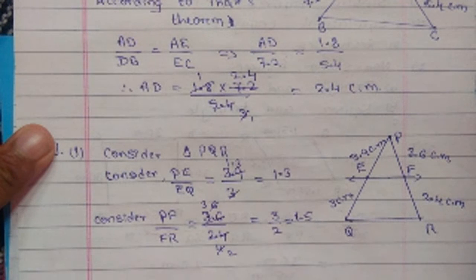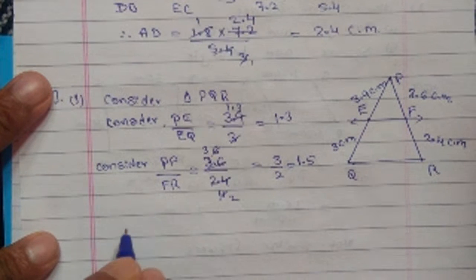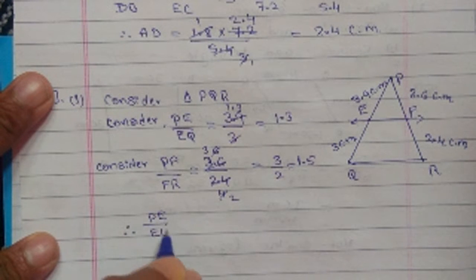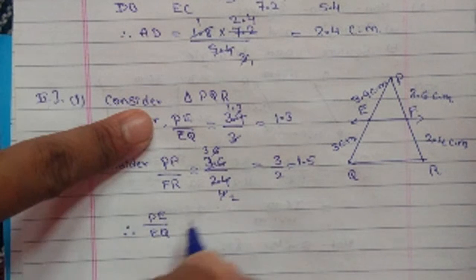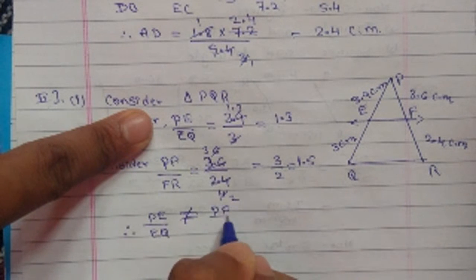So the first one is 1.3 and the second one is 1.5. Therefore 1.3 is not equal to 1.5. So PE divided by EQ is not equal to PF divided by FR.